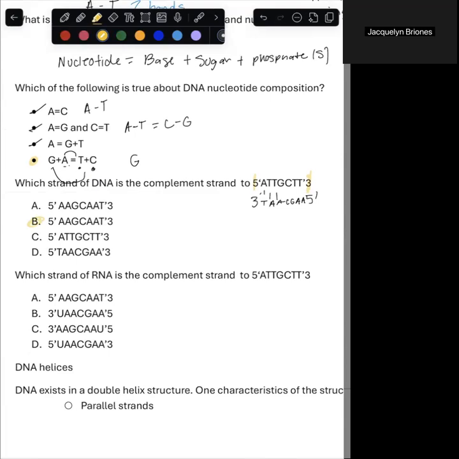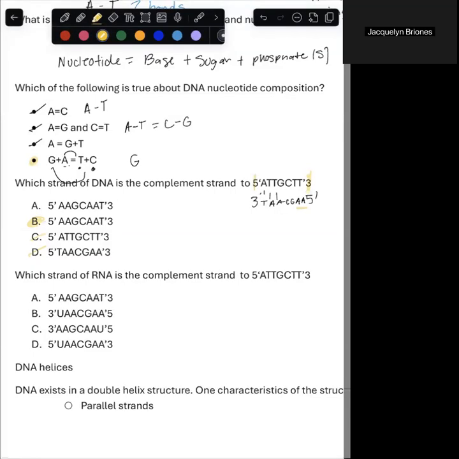It's going to be B because we start off with our two A's here. So we can take that one out and then we can take that one out. And then G, C, are those the same? I think they are. Yeah.